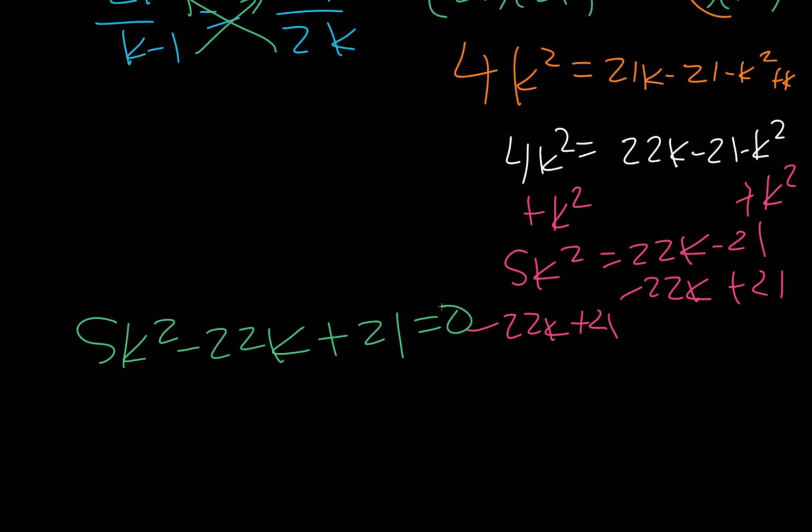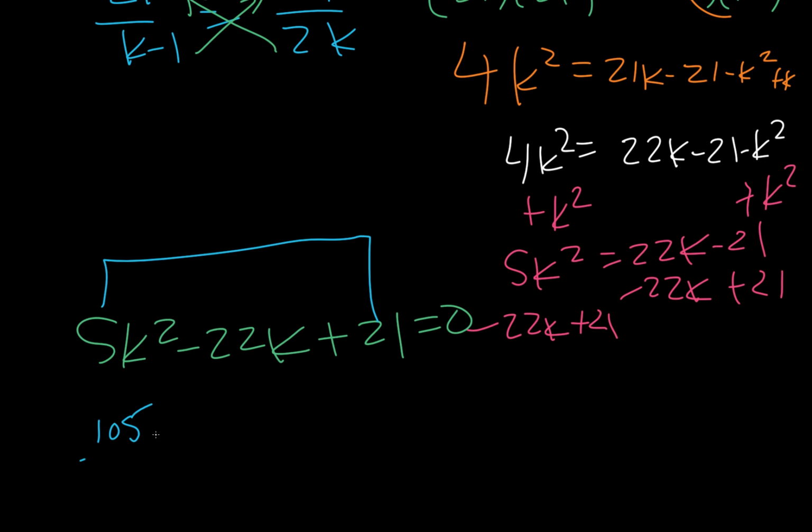And then we can plug this into the quadratic formula, or we can try to factor it. So let's try to factor it. So we're going to do 5 times 21. So 20 times 5 is 100, and then that's 105.